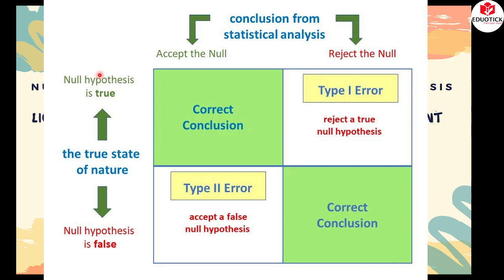Then we will reject a true null hypothesis based on our experiment. So this will be a type 1 error.